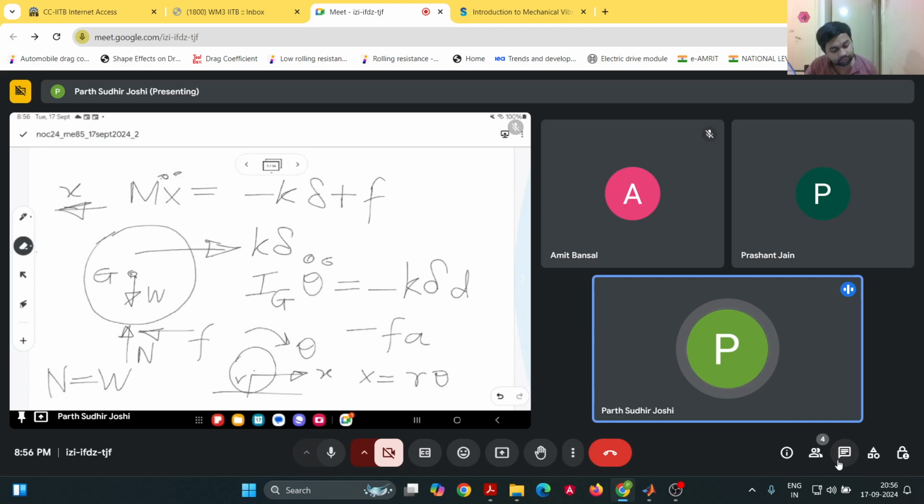Here radius is given as a, so let's replace it as a. Then x double dot will become a theta double dot.